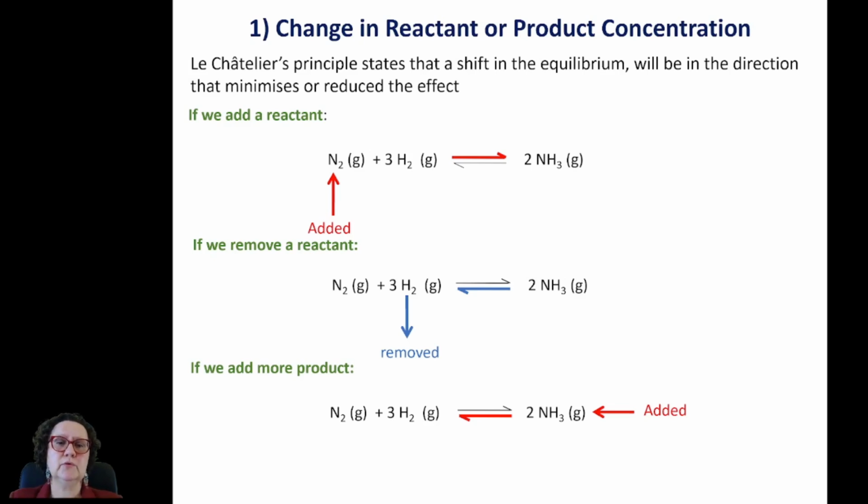Okay, so we've got our reaction of nitrogen and hydrogen to give you ammonia, and we play with the concentration of reactants and products. So what can we do? We can add one of the reactants, and in the first example I've added some nitrogen. So my reaction is in equilibrium, and I add some nitrogen, and that disturbs the equilibrium.